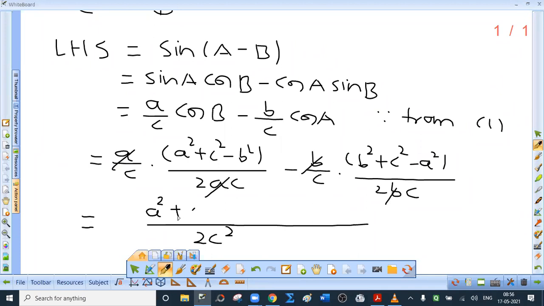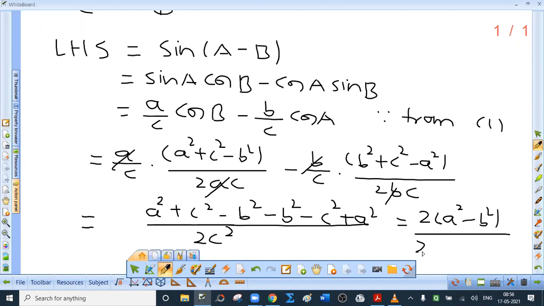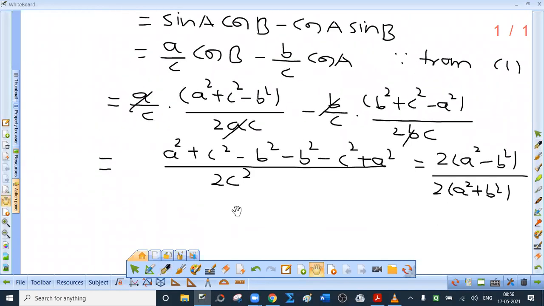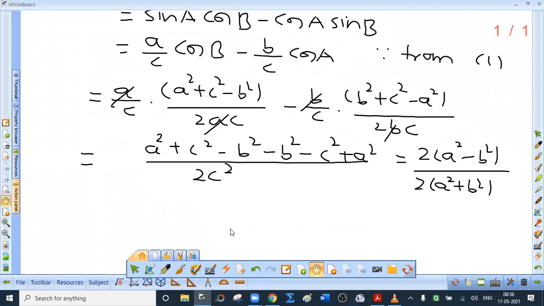So A square plus C square minus B square. I hope you are getting this.